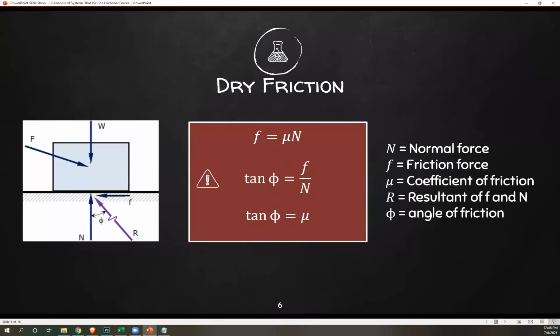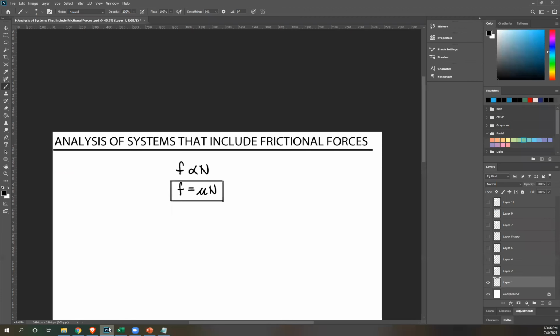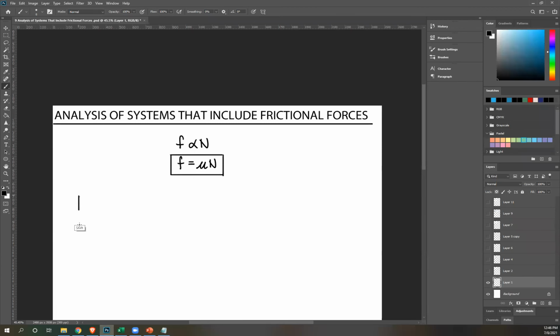Okay, so that's how we got F equals mu N. Now, how about the following equations? Tangent phi equals F over N. So let's take that figure. Again, we have this figure. We have an external force. There could or could not be an external force. Friction will still happen.